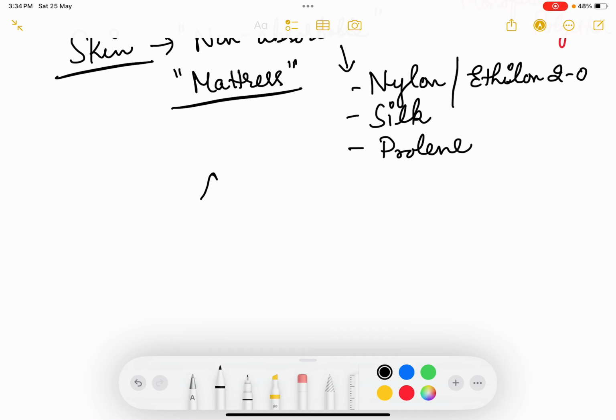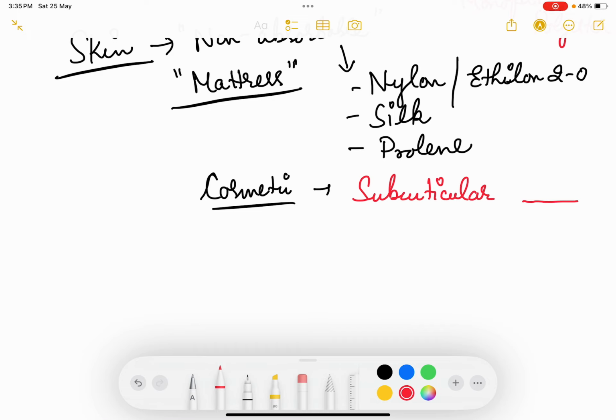Other than that, for cosmetic purposes nowadays, we can also use subcuticular sutures. These are placed in the subcutaneous area so that the skin suture is not visible from above, and absorbable sutures are used.